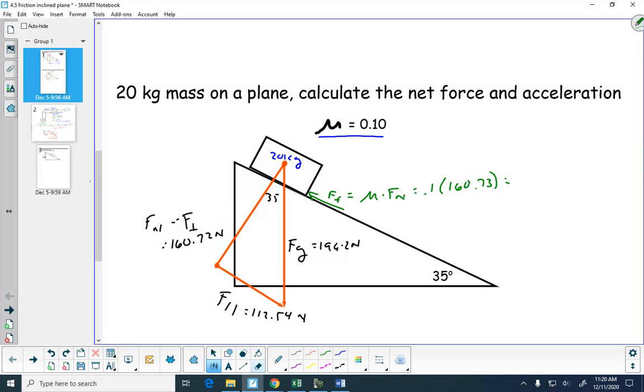Our force of friction comes down to what, Riley? 16.1. So we have 16.1 newtons that's going to resist motion.